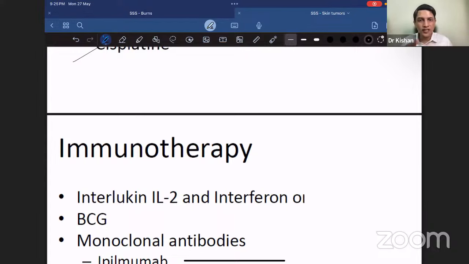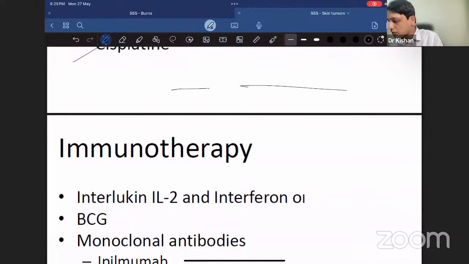Someone has not understood what is rolled up and what is rolled out margins. Well, in BCC, the tumors have vertical growth, so only vertical growth is there. They pile up on each other and create a rolled up edge from the skin surface. I'll just draw it for you.